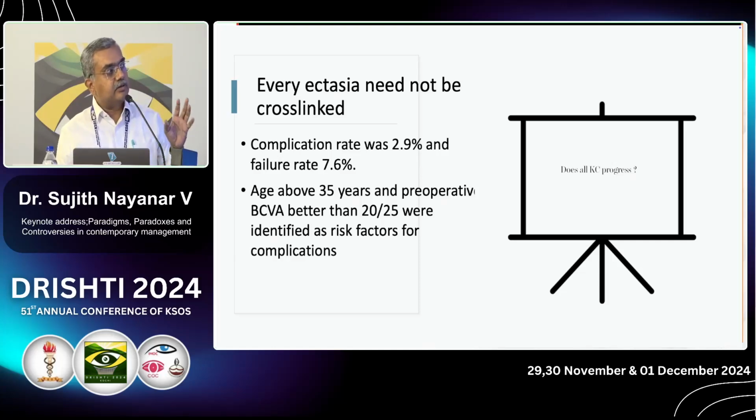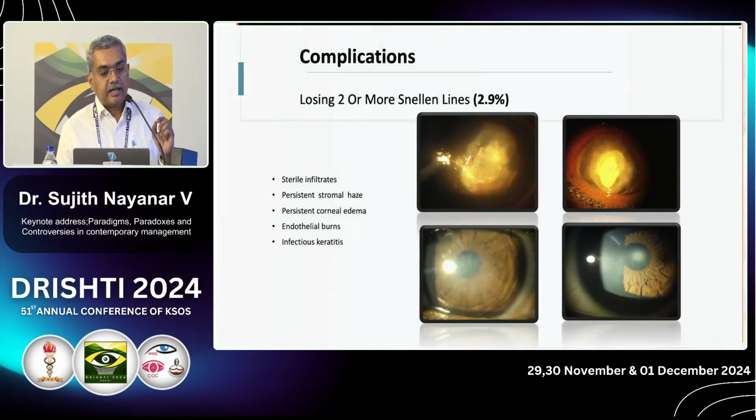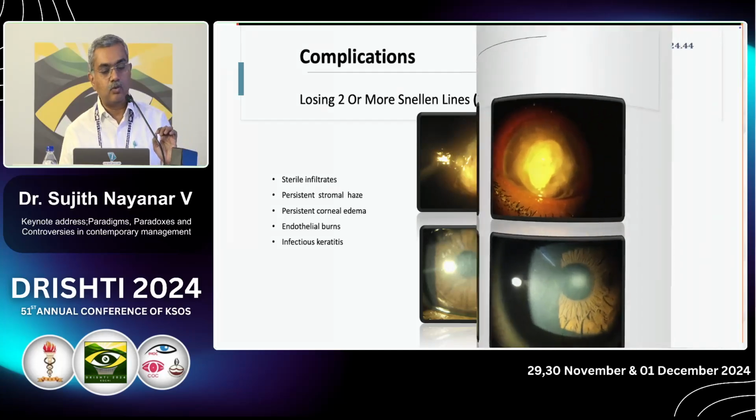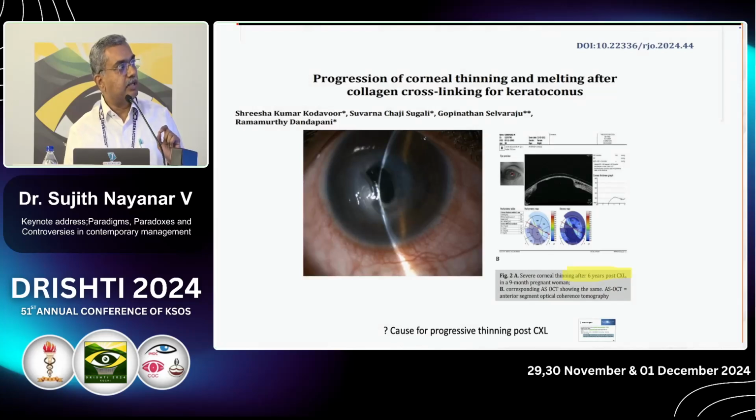We have an unwritten rule that we don't do anything above 35 years or in a patient who is already having 6/6. All this set of complications is very well known from paper publications, and around 3% complications is already well known. But this is one new complication that is coming up in keratoconus, like what Dr. Anita Madam told.